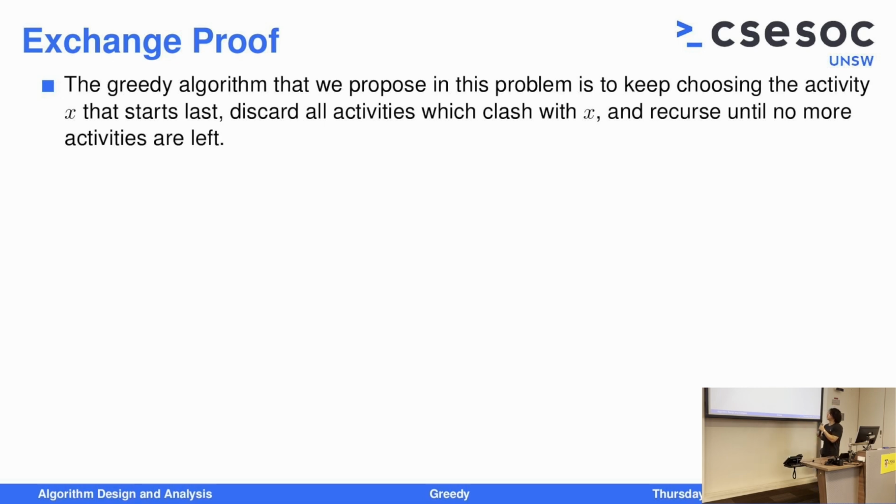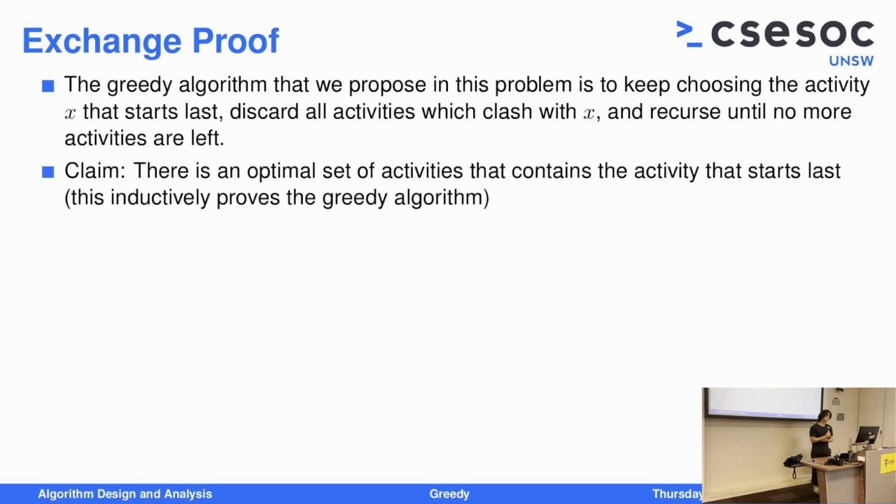Choose the activity X that starts last, then discard all activities which clash with X, and recurse until there are no more activities left. So we claim there is an optimal set of activities that contains the activity that starts last. This will inductively prove the greedy algorithm. If we imagine some set of activities and the last one is in, and we remove that one, the next last one is still in, and we can keep going with that.